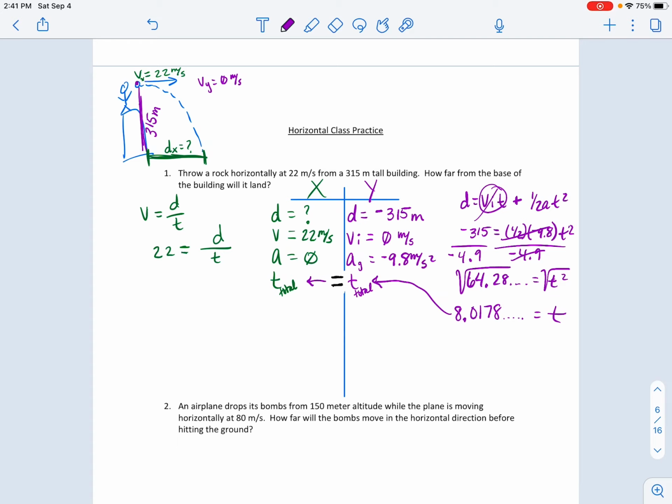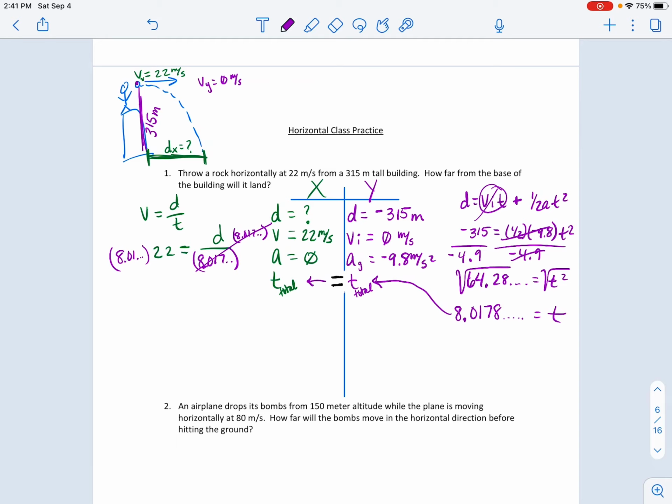So now I can come over here to my original formula, and I can substitute in 8.017 dot, dot, dot. Now, when you do this in your calculators, please use that answer button, okay? So we want to make sure that we're getting all of these decimals accounted for.